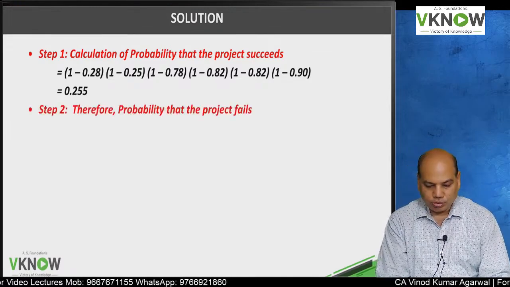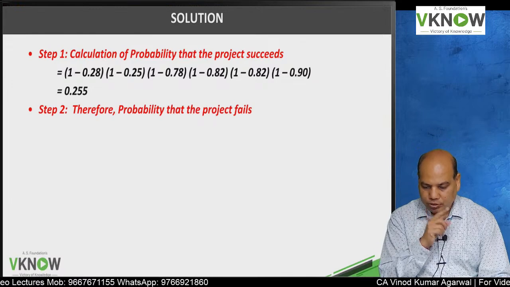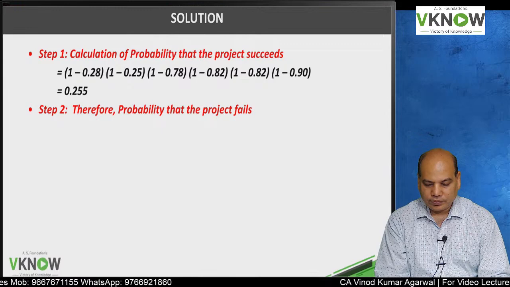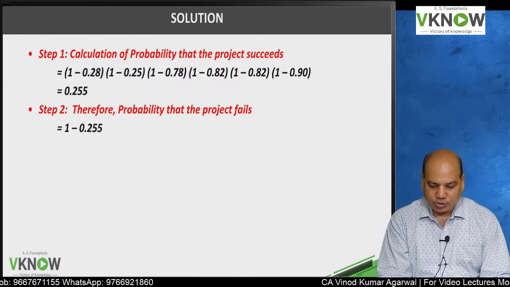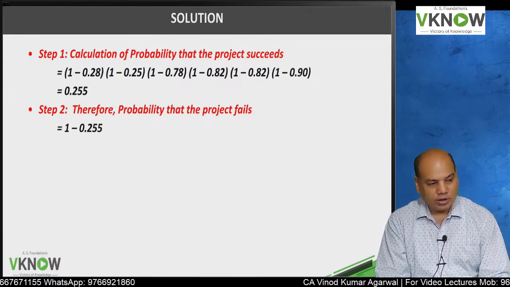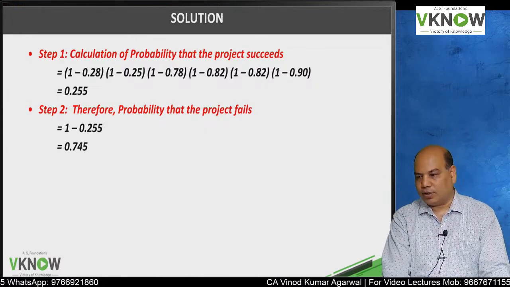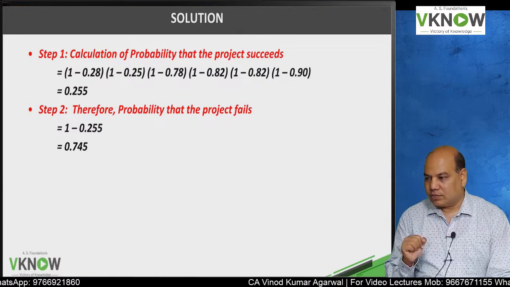So that is 0.255. Step 2. Therefore, the probability that the project fails is 1 minus 0.255, that is 0.745.